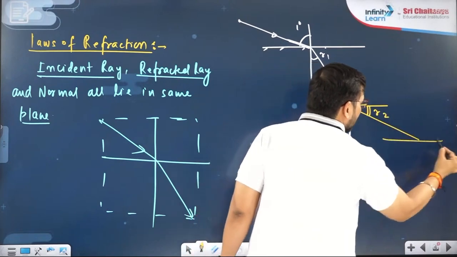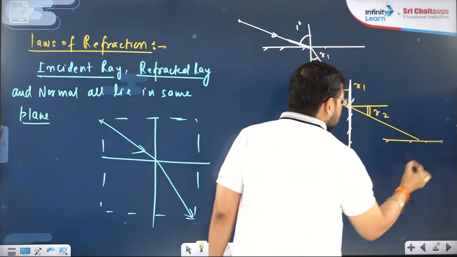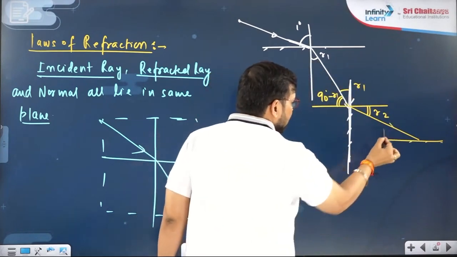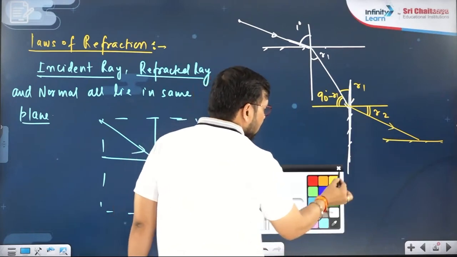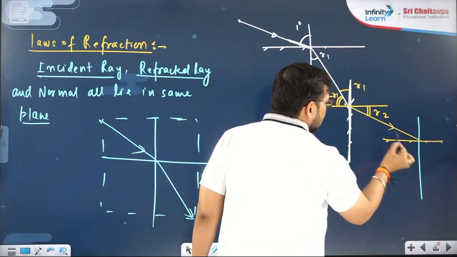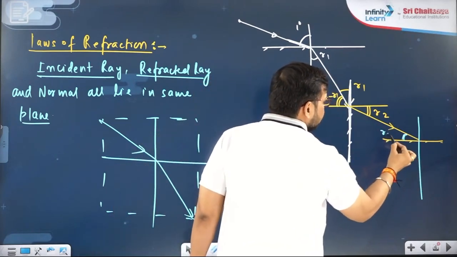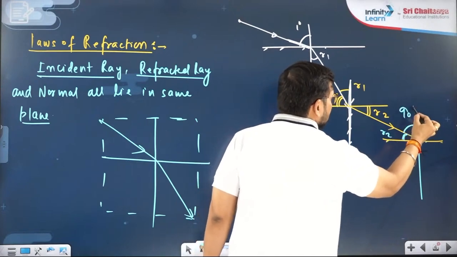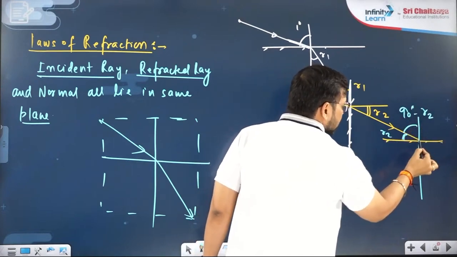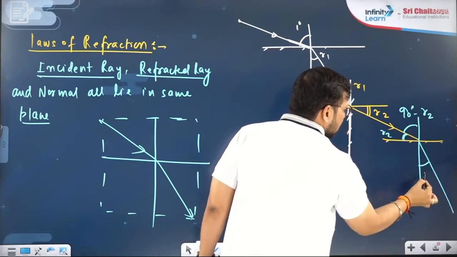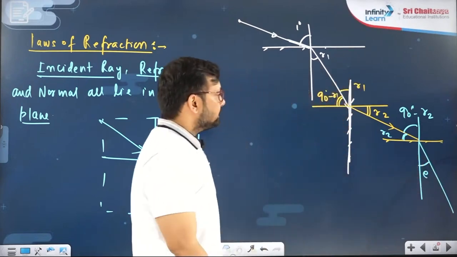Then again I am giving you a horizontal surface here. The light falls and is refracted again. This is R2, that will be 90 minus R2, and then it will be refracted like this. This is the final angle E.